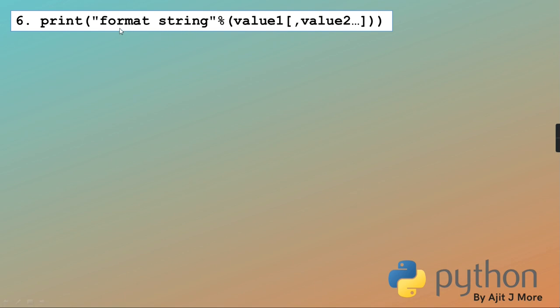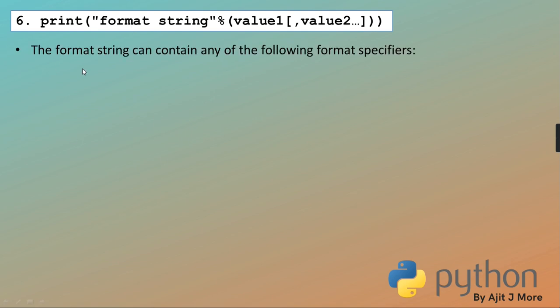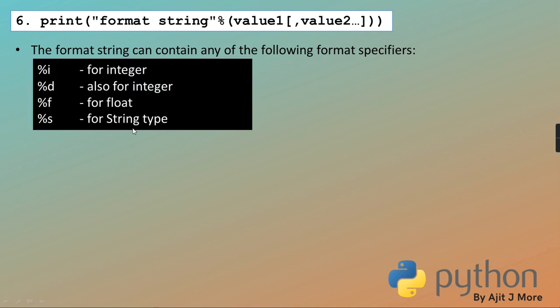So that percent placeholder conveys that something is going to get substituted. Value 1 goes at the first format specifier, value 2 at the second, in whichever type the conversion symbol you have given. The format string can contain any of the following format specifiers. A few I have listed, there can be many more. For octal, %o is there, for hexadecimal %x.